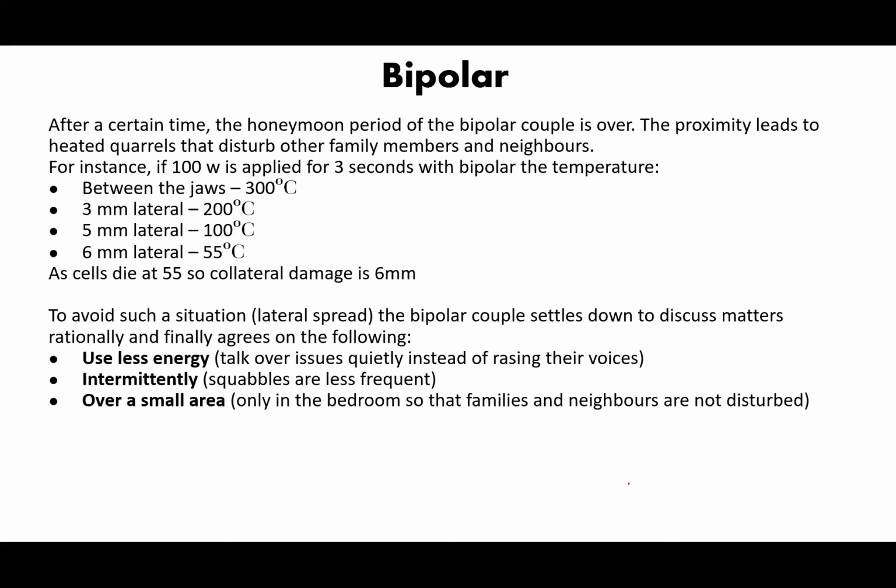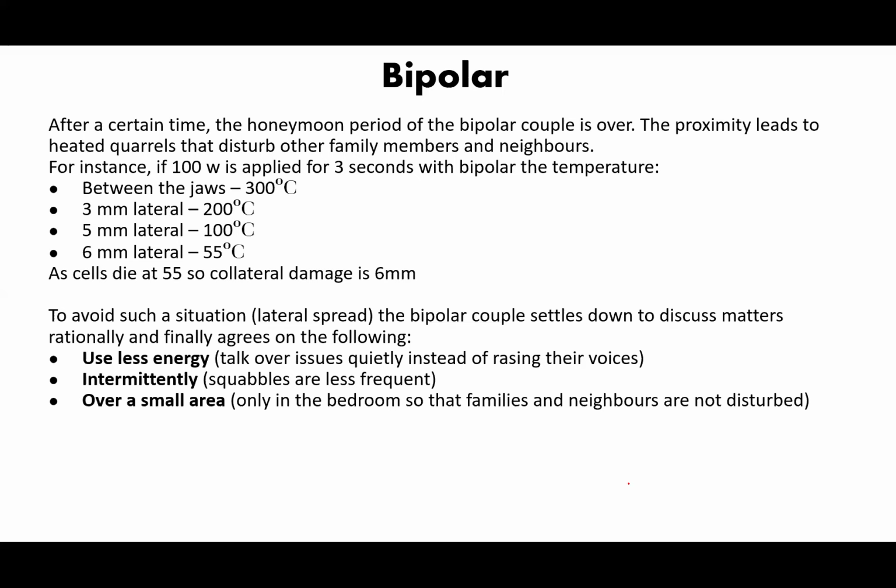So you see, just lateral to the tissue where you are applying that instrument is 200 degrees Celsius. 5 millimeters lateral is 100 degrees. 6 millimeters lateral is 55 degrees.